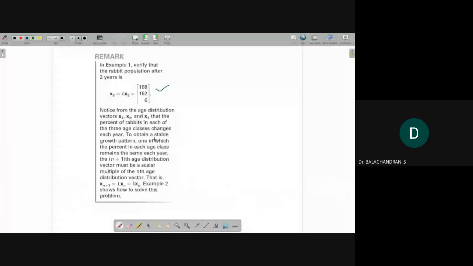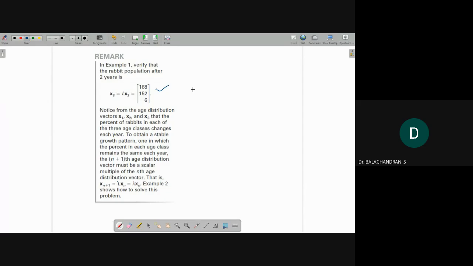To obtain a stable growth pattern, one in which the percent in each age class remains the same each year, the n+1th age distribution vector, that is x(n+1), must be a scalar multiple of the nth distribution vector.